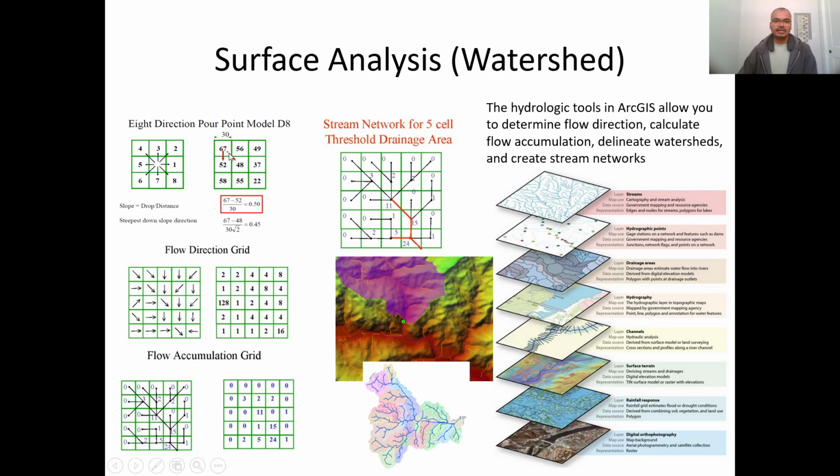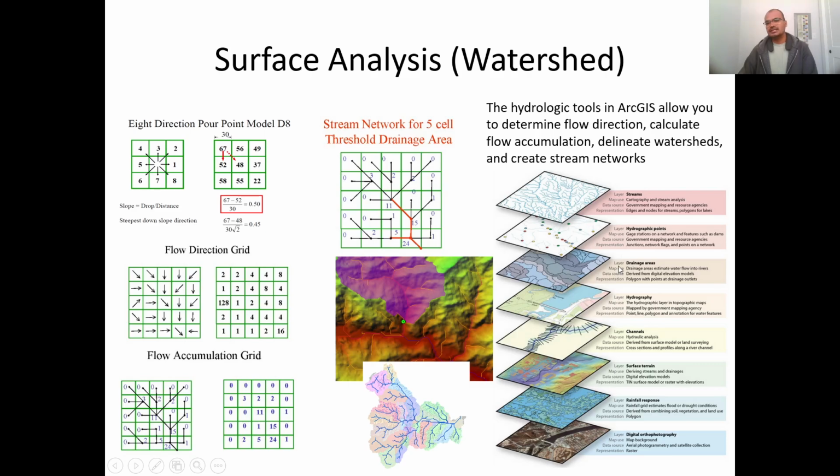For example, here the elevations are represented in pixels, and based on the pixels, you can identify their directional relationship, where you can find the downslope from higher values to lower values, using which you can calculate the flow direction. Using flow direction, you can identify the flow accumulation over a surface area, and based on that you can automatically extract the stream network and other watershed parameters.